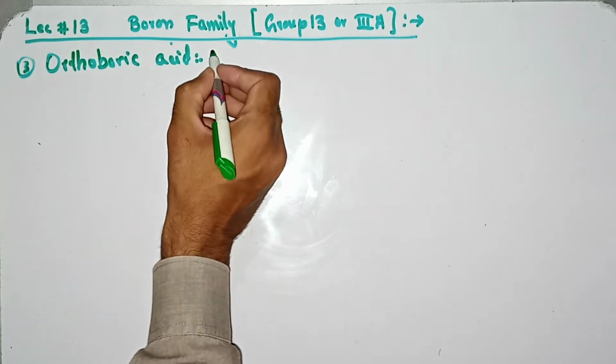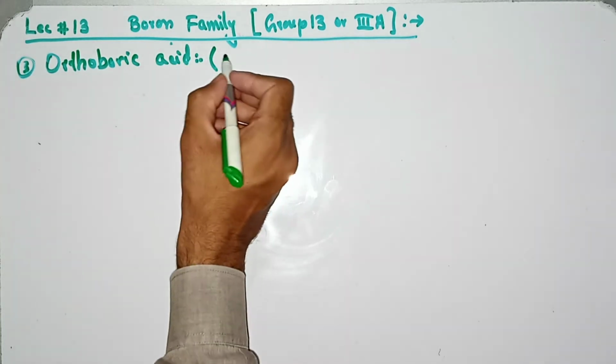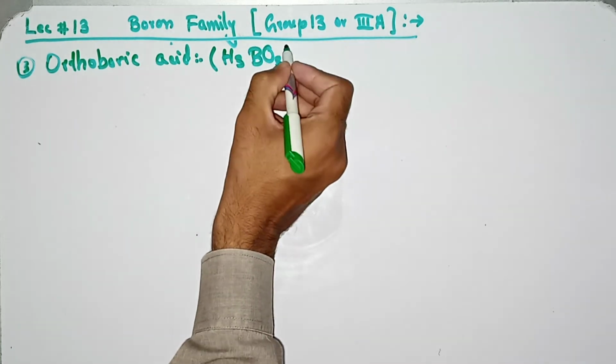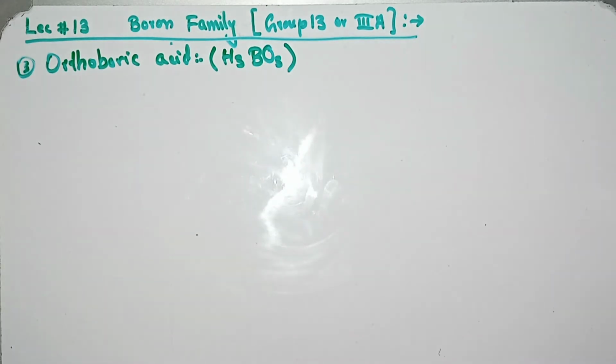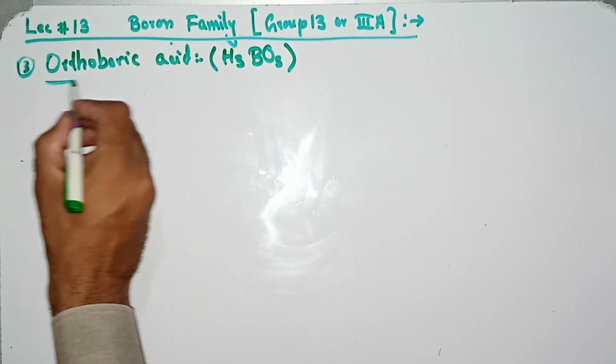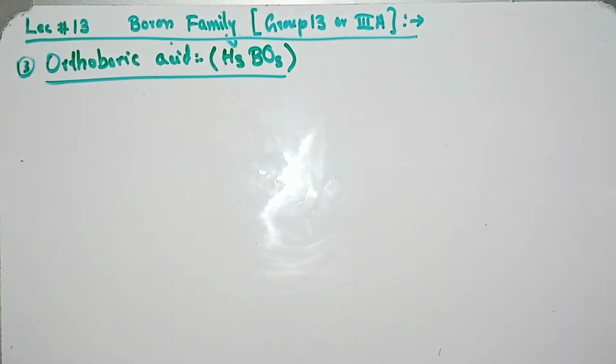It is H3BO3, and it is acidic in nature. It can donate a proton according to the Lewis or Arrhenius concepts, in aqueous solution. So this is the compound orthoboric acid.